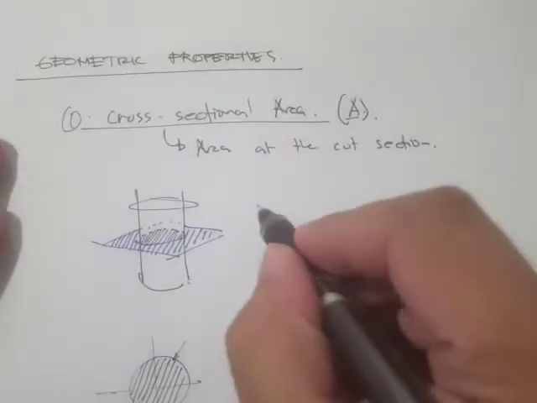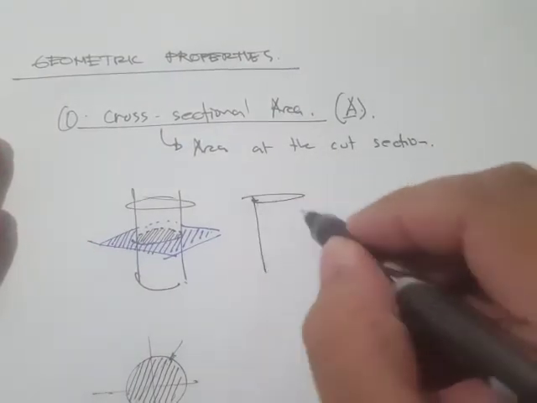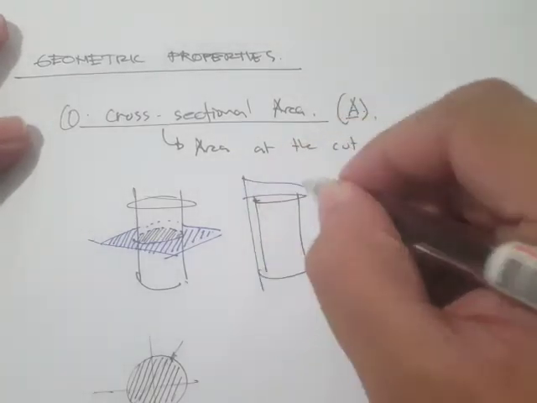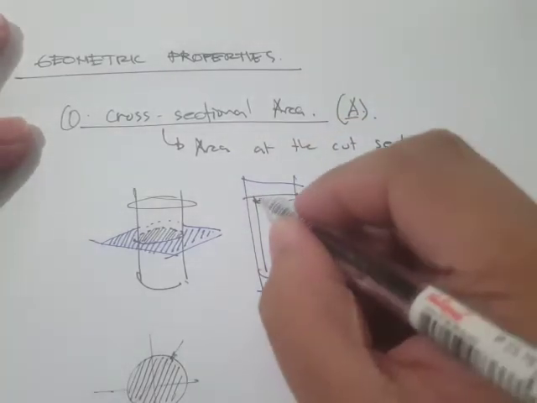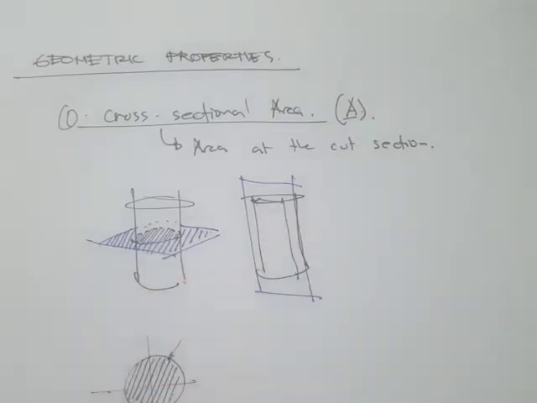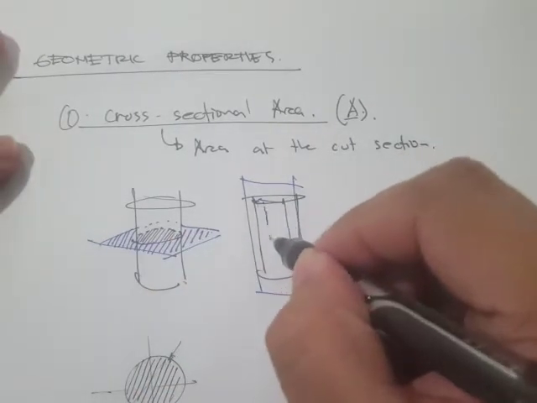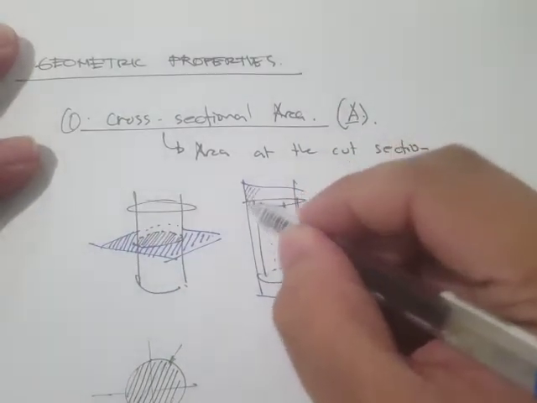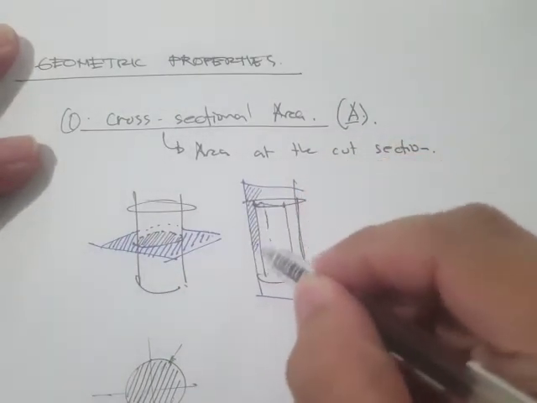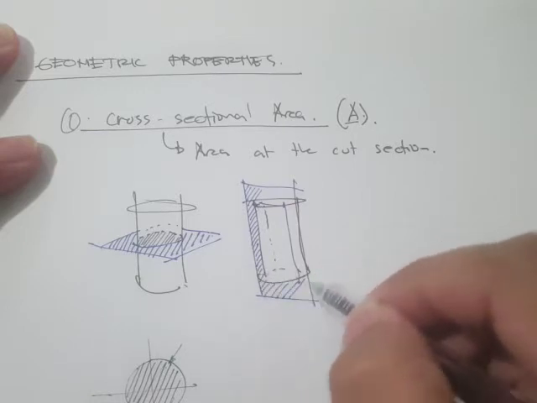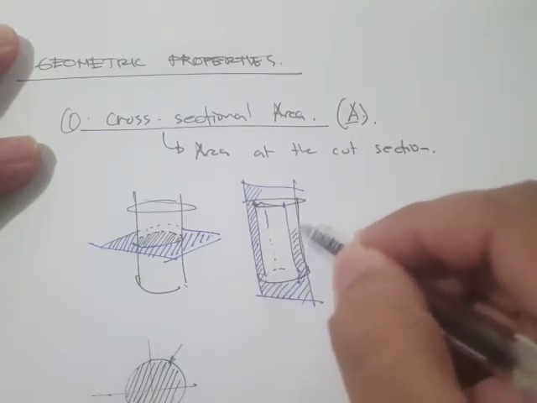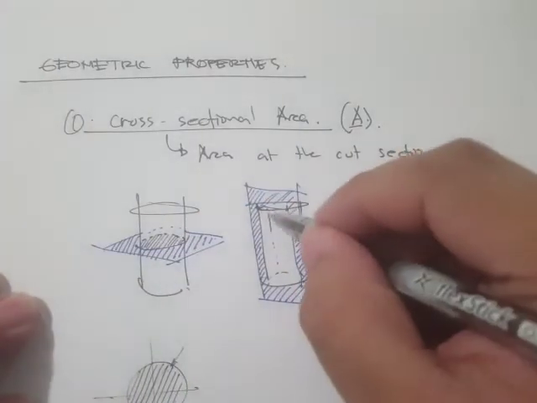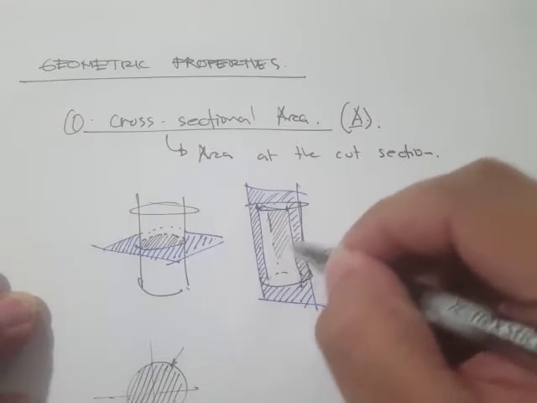Another one is, for example, I still have this same object, but the section plane will be oriented in this position. If that's the case, then the cross-sectional area would be this area.